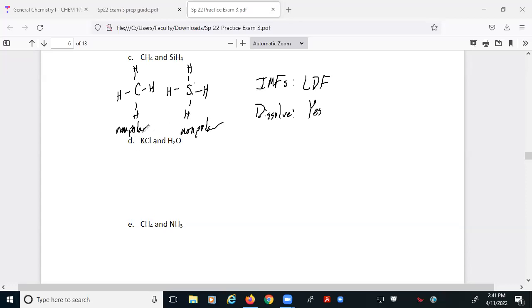Okay, potassium chloride with water. So with potassium chloride, we have to recognize that this is an ionic compound. We've got potassium ions, we've got chloride ions in that sample. And in water, we've got a polar molecule that exhibits hydrogen bonding because of the electronegativity of that OH bond.